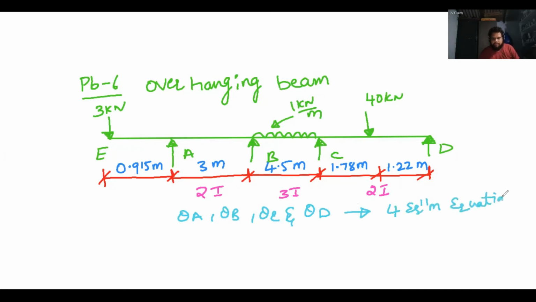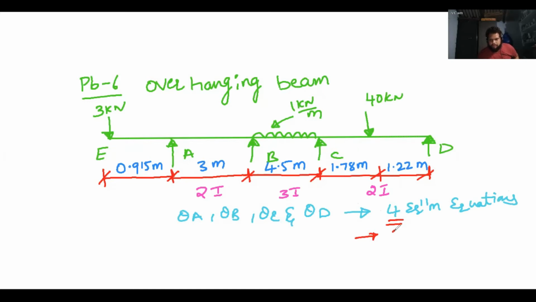And how many compatibility equations are required if you solve by our normal, generalized, conventional method? For the AB span 2, for the BC span 2, for the CD span 2.